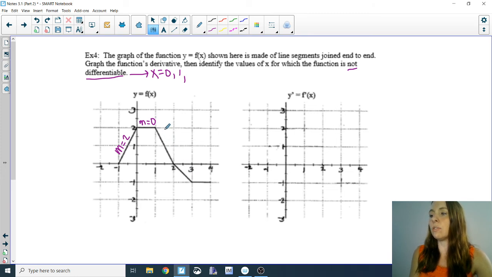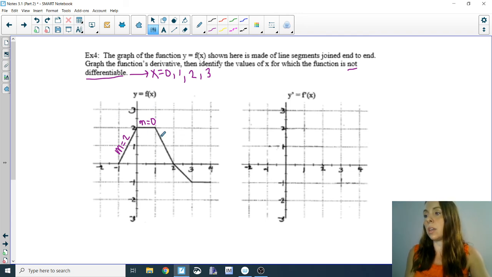It is a change from one constant slope to another constant slope. And so we are going to say x equals 2 is a place where it's not differentiable. And finally, at x equals 3, it is one more place where it's changing from one constant slope to another constant slope, and that is another place where it's not differentiable.